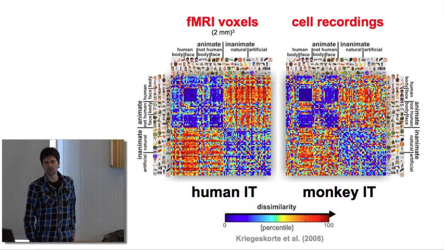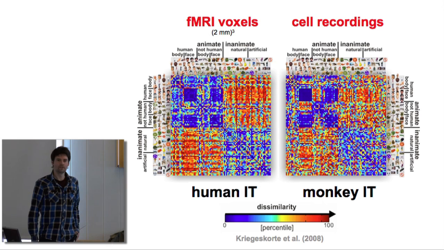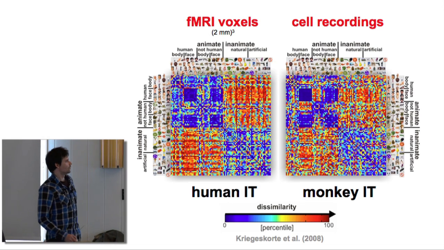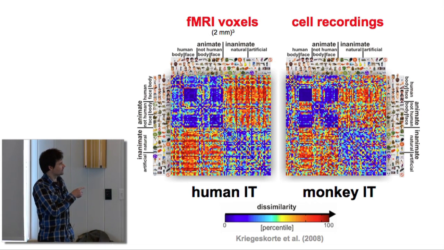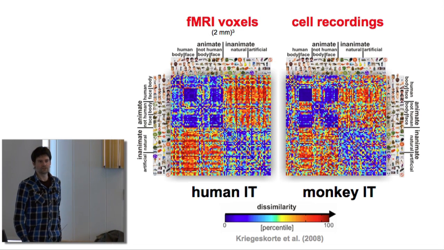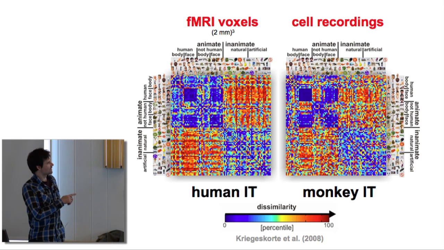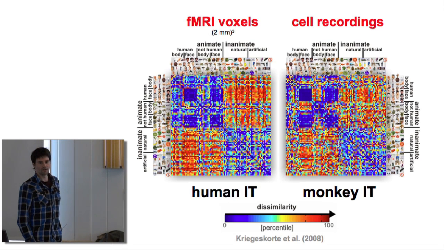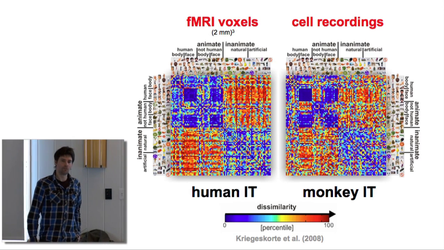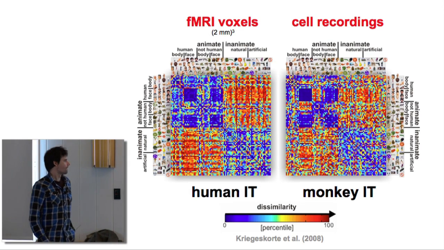So this is sequential cell recordings from 674 cells in monkey AIT to the same images. So it's even more striking that the similarity is really quite large when you just look at the matrices. But the sort of same categorical divisions appearing to explain a lot of variance here. And we've done detailed analyses also on the correlations within the categories, and many of them are also highly significant.